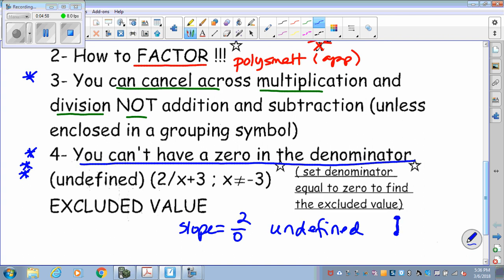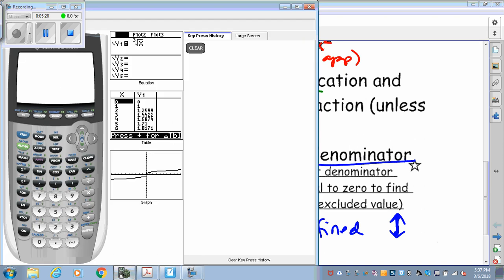So that was a vertical line, which has an undefined slope. So if there's a 0 in the denominator, it's undefined. You can't divide by 0. So go ahead and let's try that on the calculator. If I take any number, take my 6 divided by 0.